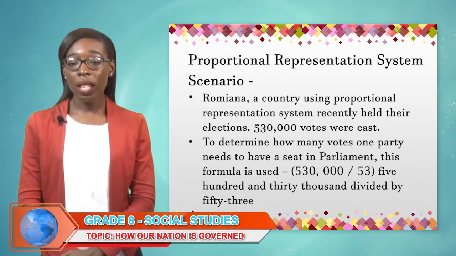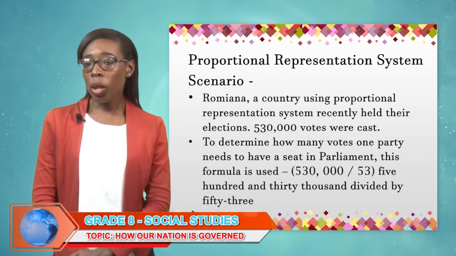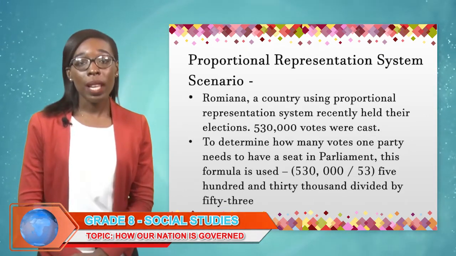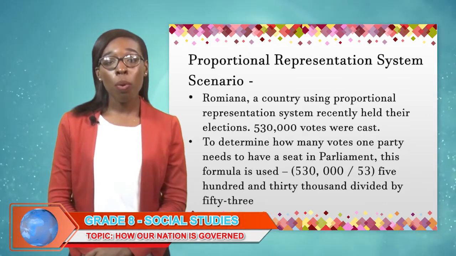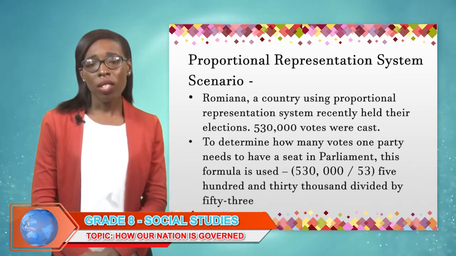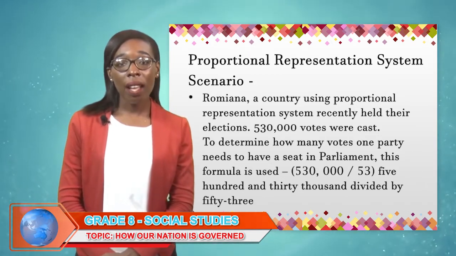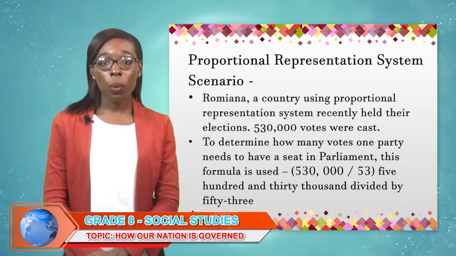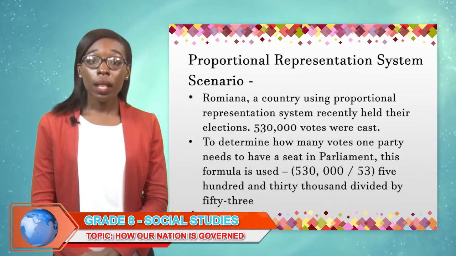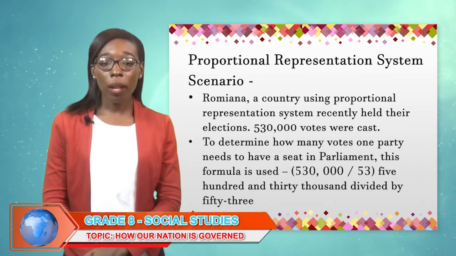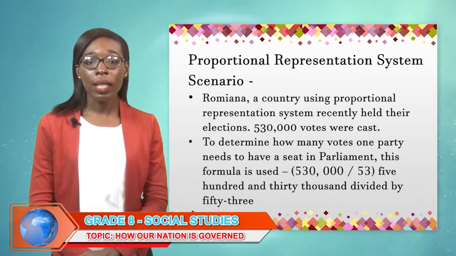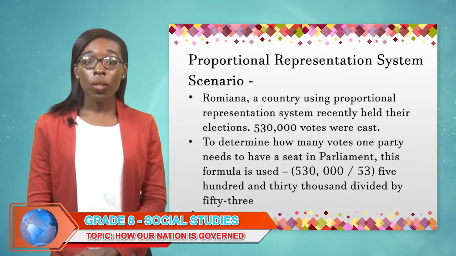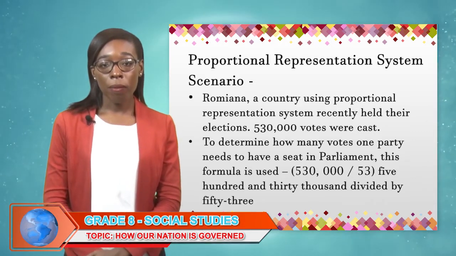Here is a country scenario for us to look at, so that you'll understand a little bit better what I just said to you. Romania, a country using the proportional representation system, just like Guyana, recently held their elections. 530,000 votes were cast. To determine how many votes one party needs to have one seat in Parliament, this formula is used. 530,000 divided by 53.